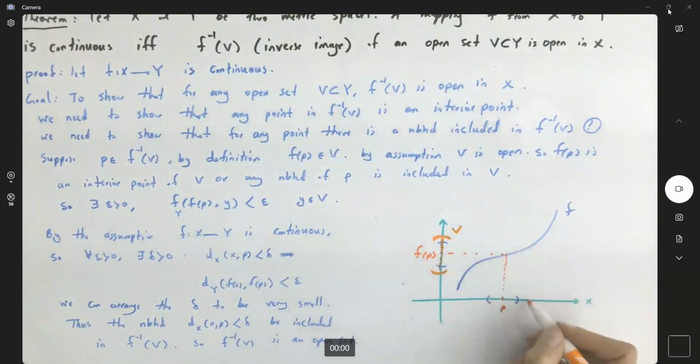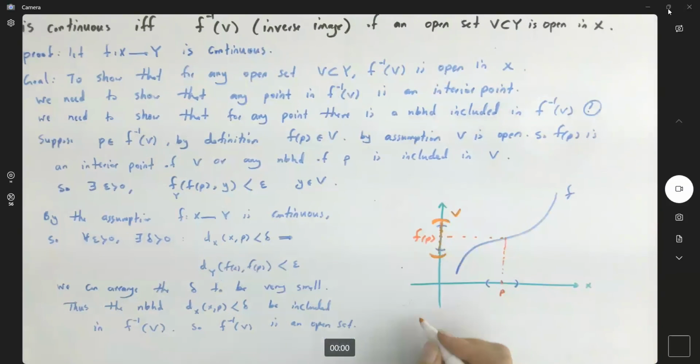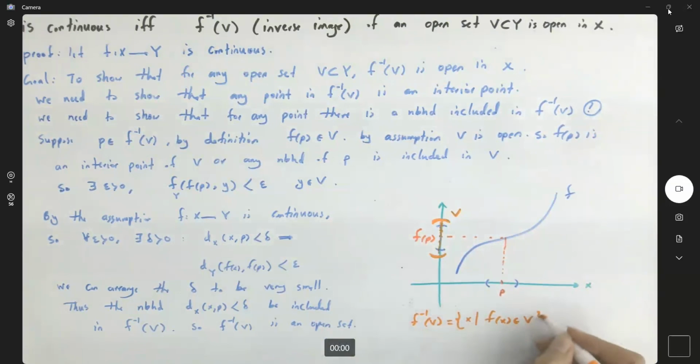Its inverse image includes, let's remember the definition of inverse image. The inverse image of V is the set of all x values such that f of x belongs to V. That's the definition of inverse image.